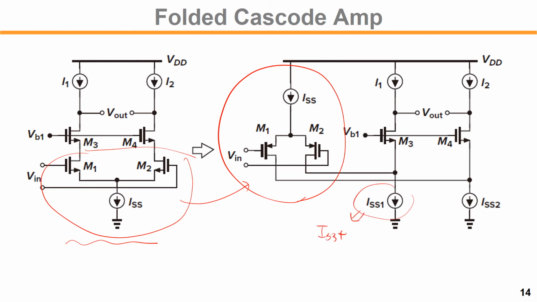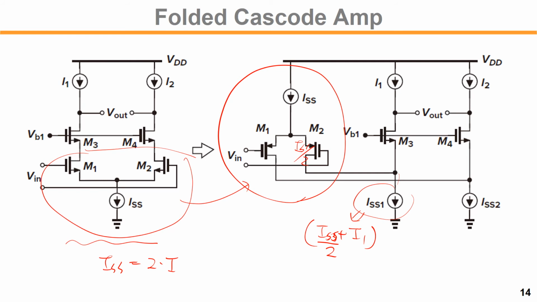ISS plus I1, right? I'm sorry, half of the ISS will flow onto here. So half of the ISS plus I1, right, would be ISS 1. So on the left hand side, ISS is what? 2 times I1.